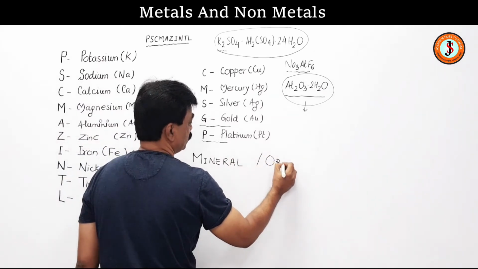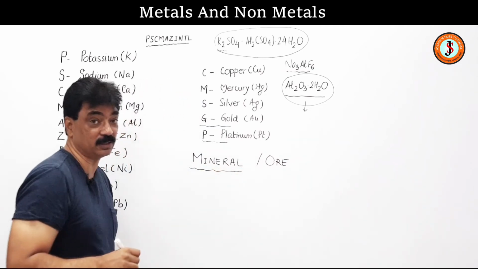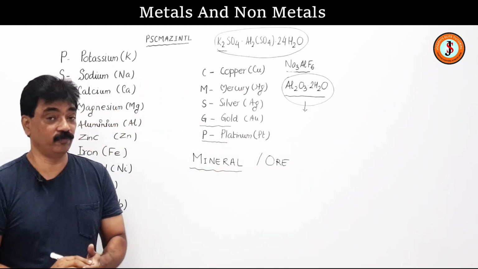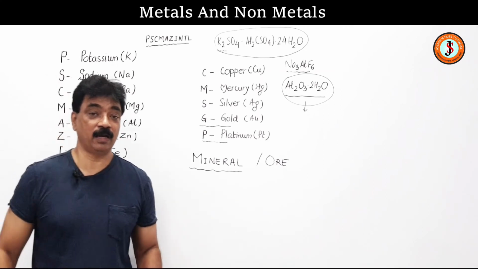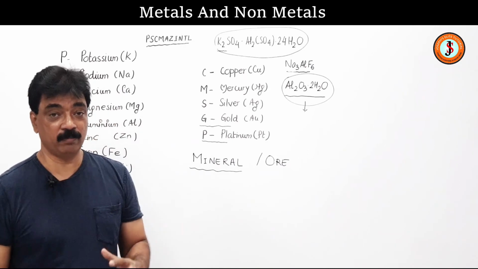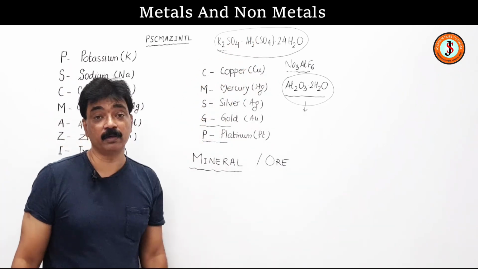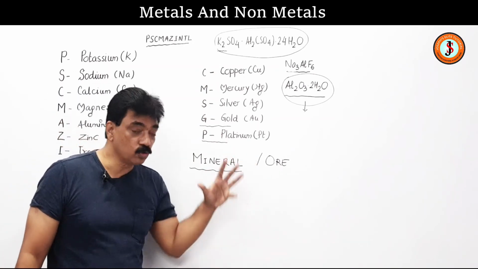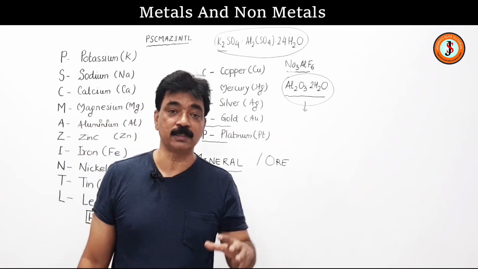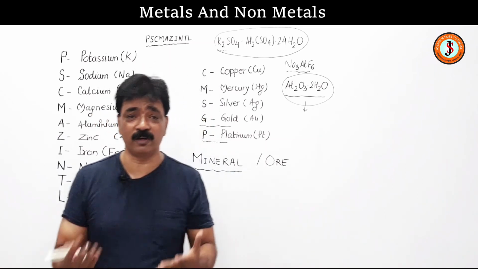Minerals are substances which are found in or on earth's crust. They can be metal compounds, non-metal compounds, or purely non-metals or metals. But ores are those minerals from which metals can be extracted easily, conveniently, cheaply, profitably.